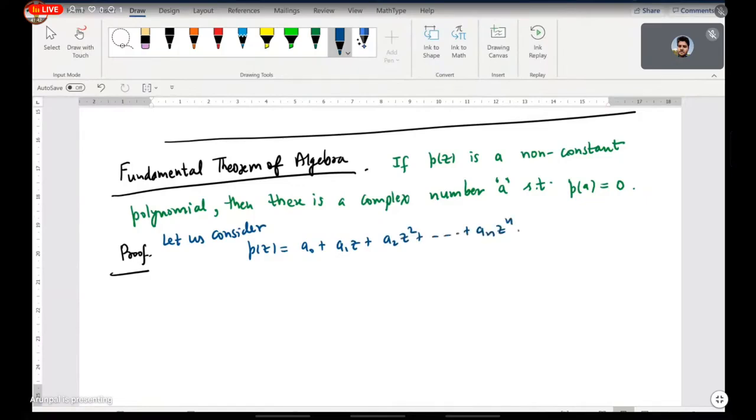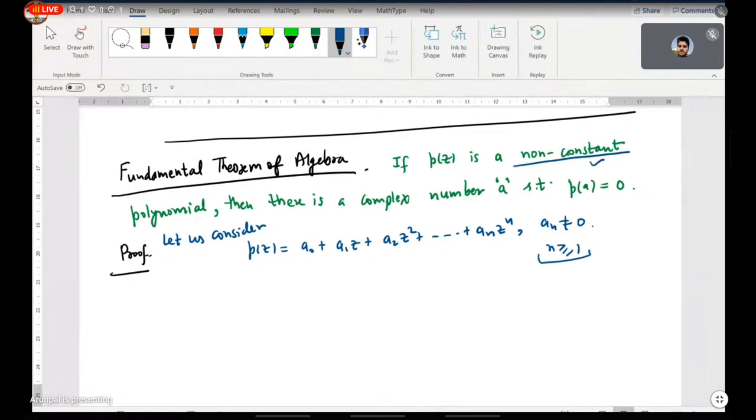Let us take a polynomial of nth degree in z. Of course, this n is greater than or equal to 1. Why, class? Because we are considering a non-constant polynomial. Yes, good.